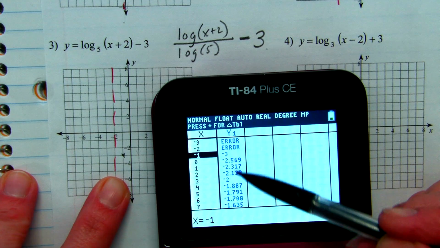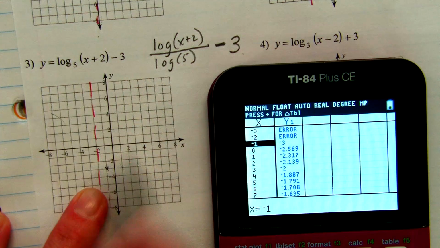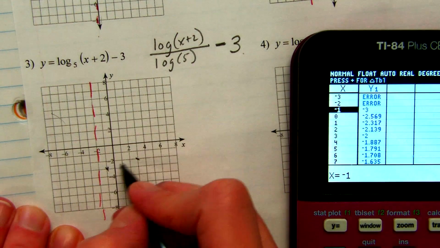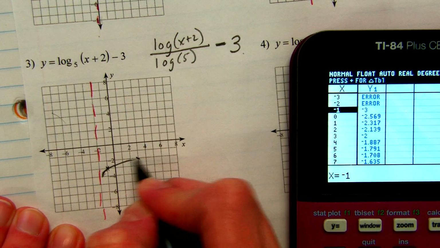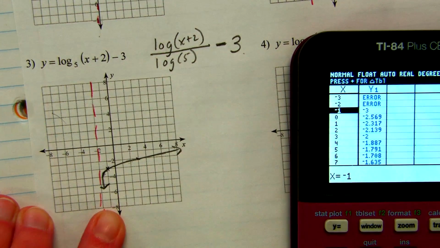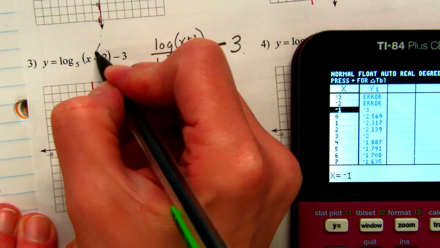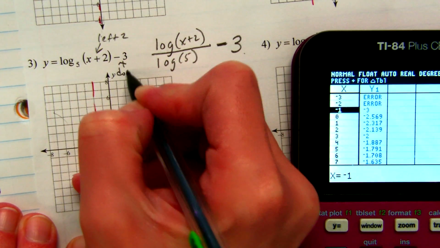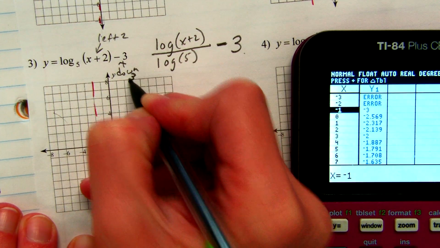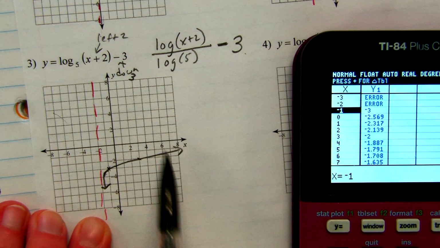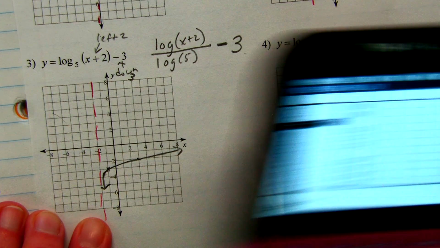And then the next easy one is 3, -2. And then you could do another one if you wanted to, or we could just kind of put the rest of it in like this. This part made it go left 2. This part made it go down 3. It has the same kind of patterns that we've had for other functions that we've studied. So that's why this one is a little bit lower.